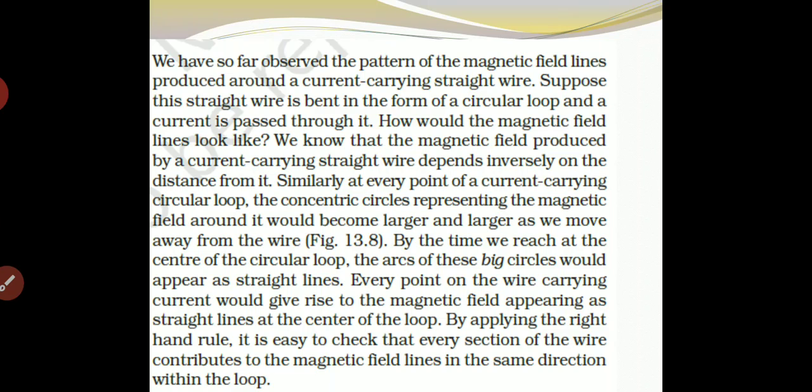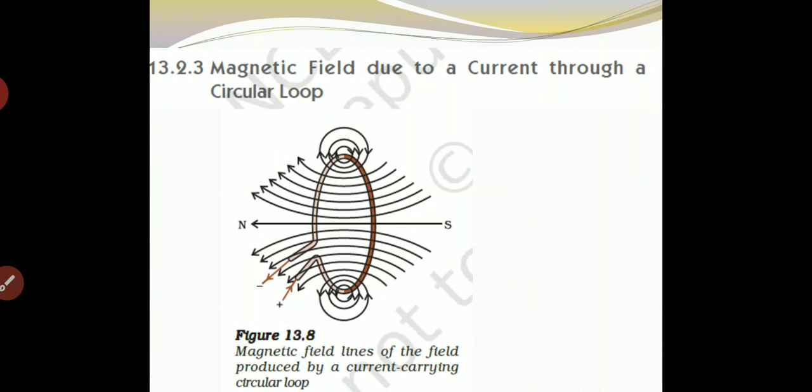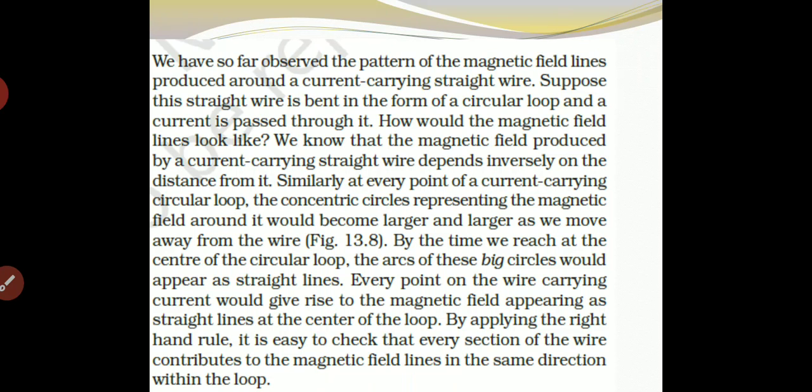We know that the magnetic field produced by a current carrying straight wire depends inversely on the distance from it. Similarly, at every point of the current carrying circular loop, the concentric circles representing the magnetic field around it will become larger and larger as we move away from the wire.